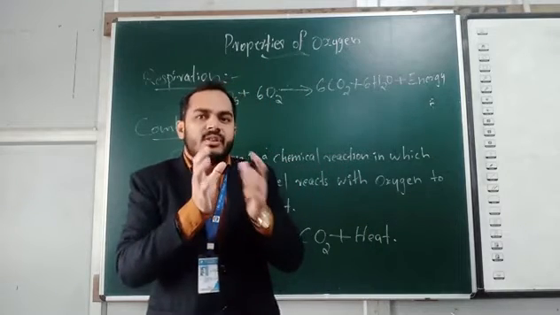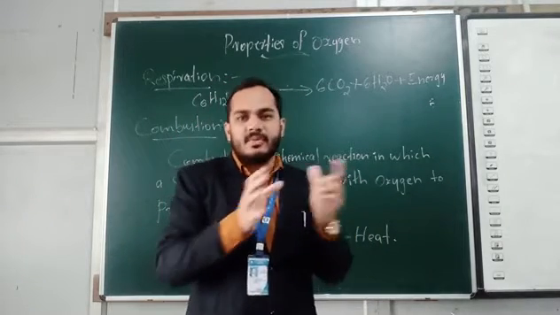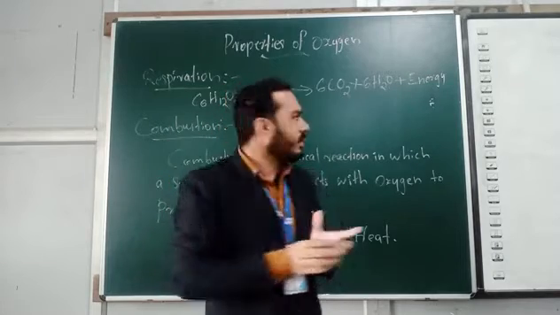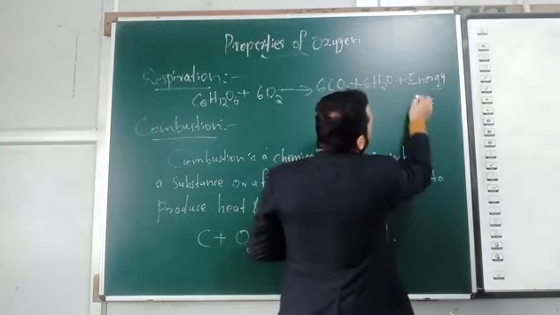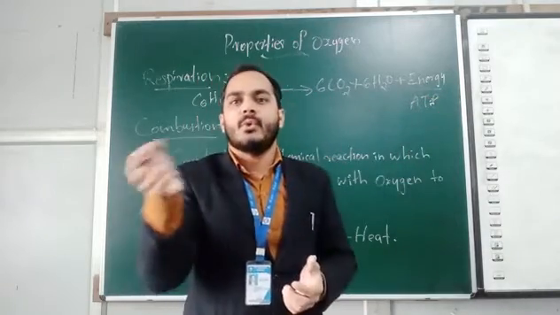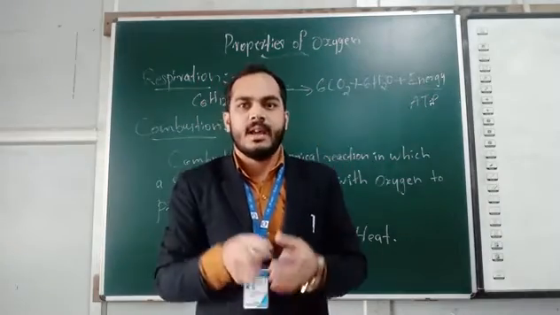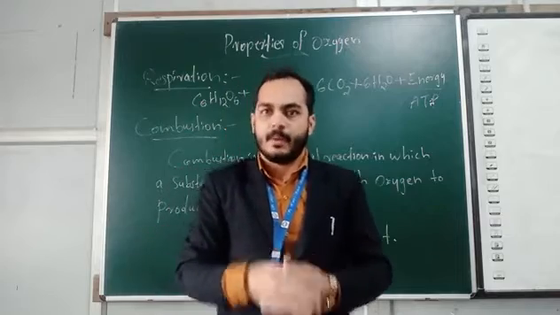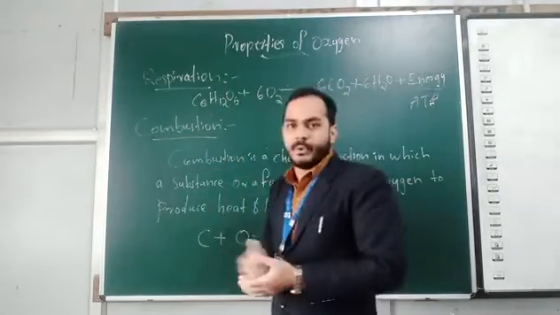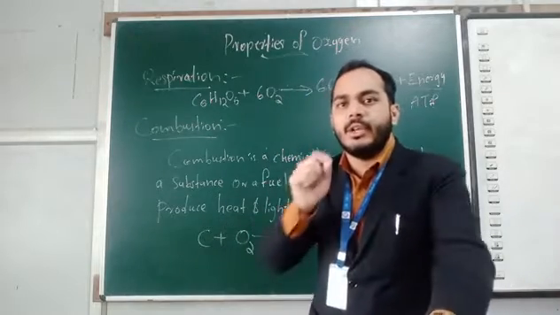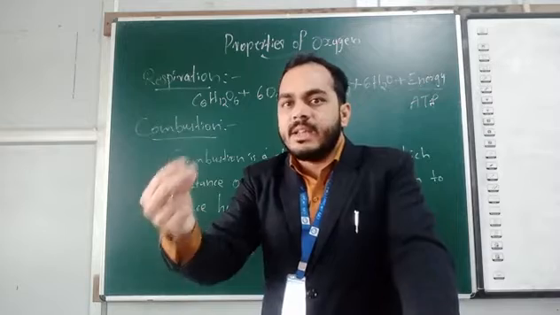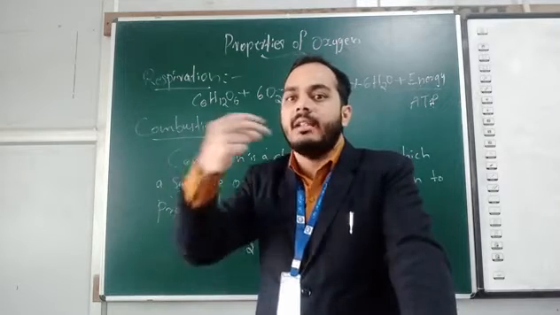During the respiration process we get the energy in the form of ATP. What is ATP? ATP means adenosine triphosphate. It is an energy molecule. Respiration is a continuous process of living organisms. We inhale the oxygen.